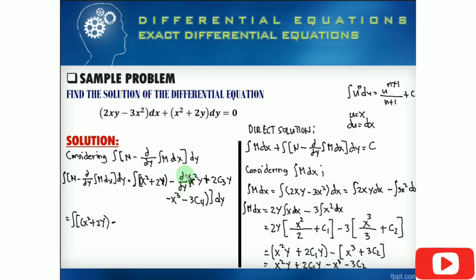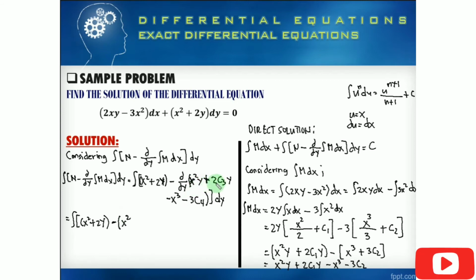So from the first term, we distribute the partial derivative with respect to y of x squared y. We remain with the minus sign here, so we only distribute this partial derivative with respect to y of x squared y, and its partial derivative with respect to y is just simply equal to x squared, since our variable is y.